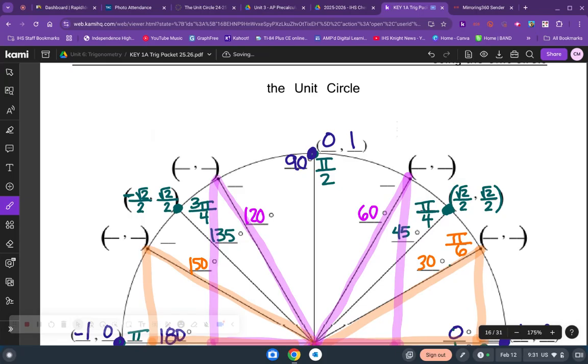Thinking of it as 1 pi over 6, when I add 30 more, I would be at 2 pi over 6. But that's going to simplify, right? To pi over 3.